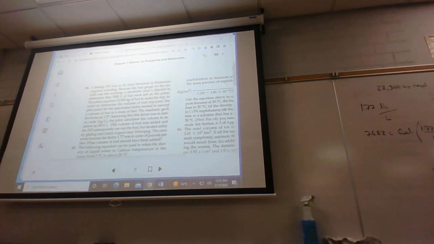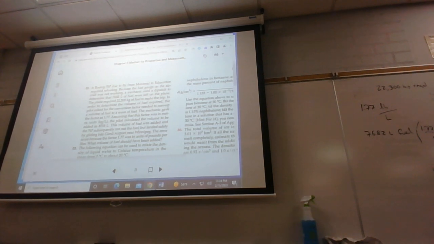What we're going to do is take 16,135 kilograms of fuel and convert that to pounds of fuel. Actually, let's go to grams first: 1,000 grams per kilogram, and then to pounds, where 1 pound is equivalent to 453.6 grams.